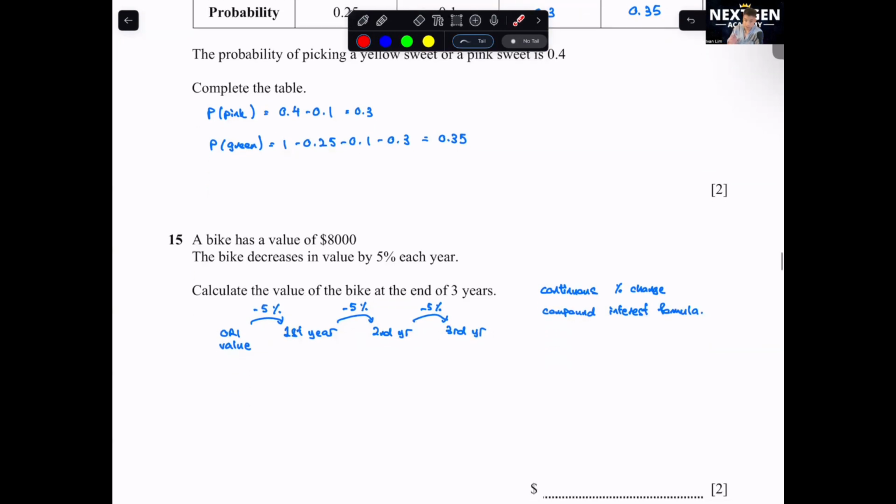So the formula that you want to be using, your final value will be equal to the original value multiplied by 1 minus r over 100, where r means the percentage or rate, to the power of time. You need to remember this. R is the rate, or you can say percentage. T is the amount of time. Write down this formula first. It's the same as the compound interest formula. Maybe some of you have already learned this.